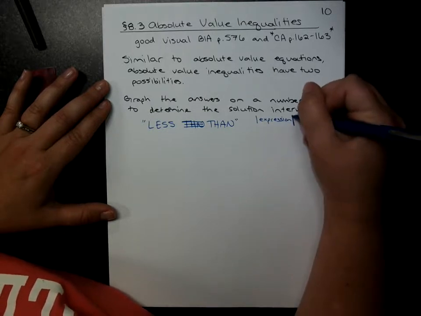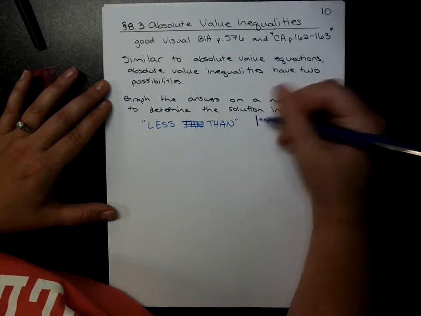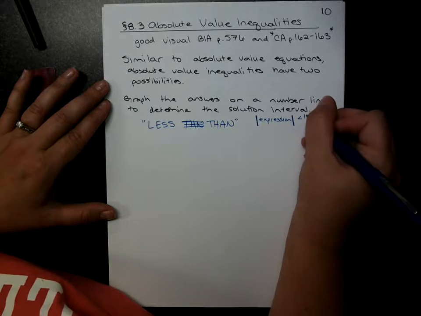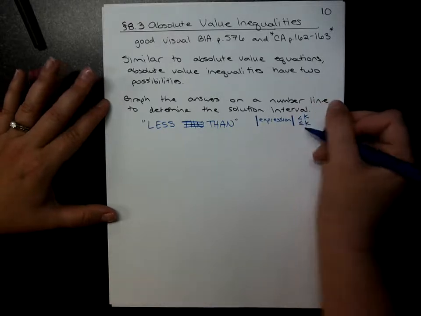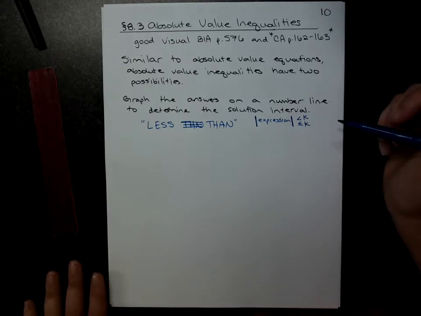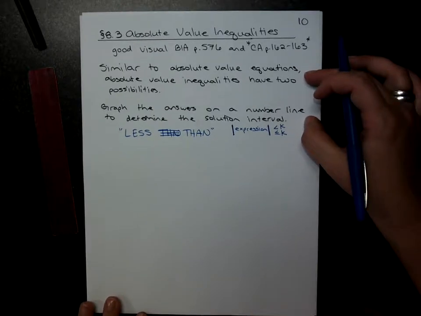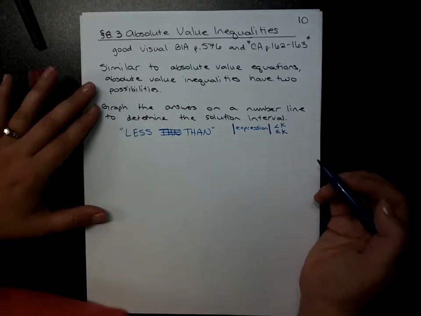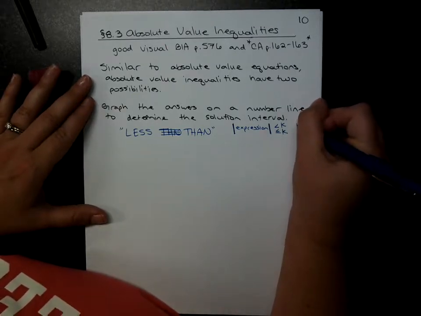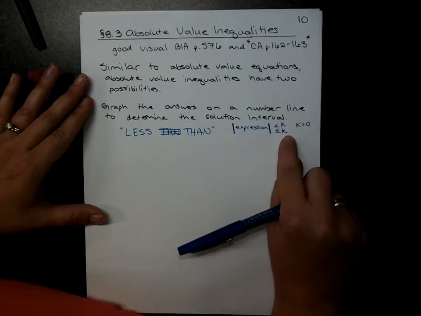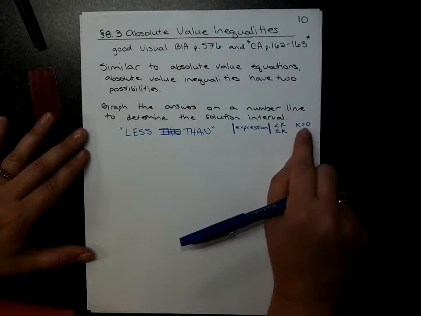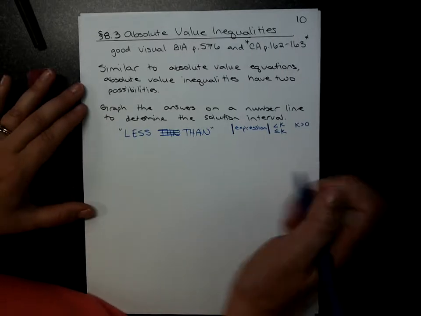Remember, absolute value bars don't look like the number 1. The absolute value is either less than some number or less than or equal to some number. Whether it has a line underneath it or not doesn't matter. It just has the less than symbol. In either situation, we're talking about numbers that are positive. So when k is greater than 0, whatever that number is, it's positive.